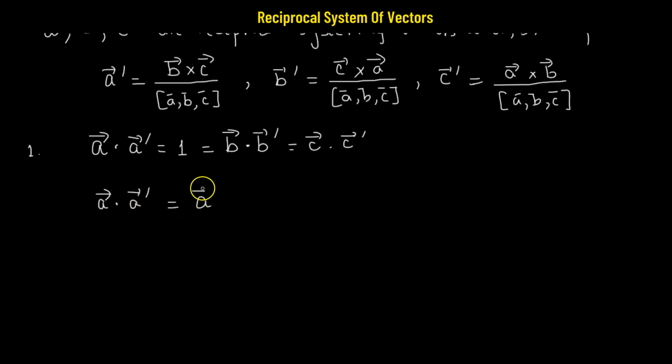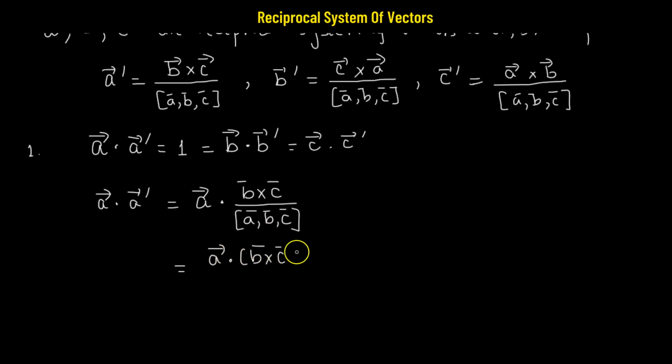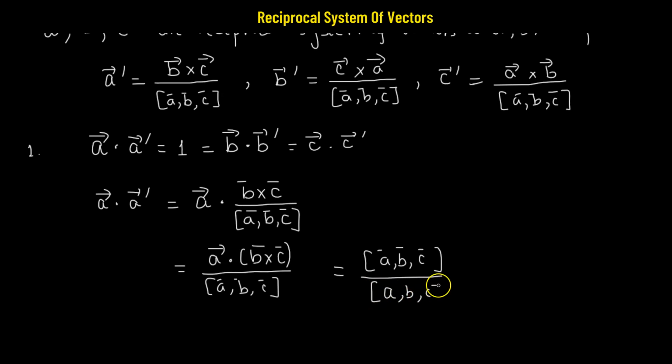This means we have vector A dotted with, using the definition of our reciprocal vector A prime, vector B crossed with vector C divided by A, B, and C. In the numerator, we have vector A dotted to B cross C, which is divided by the scalar triple product of A, B, C. Now here, by definition, A dotted to B cross C is the scalar triple product of the vectors A, B, and C. So we have the scalar triple product of A, B, and C divided by the scalar triple product of A, B, and C. Since both the numerator and denominator are scalar numbers, they cancel out to give us 1.